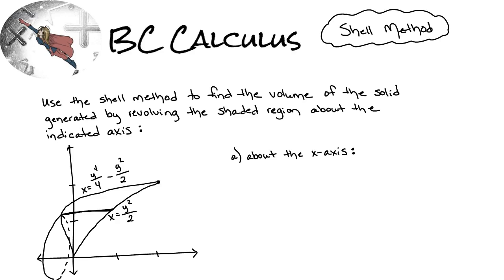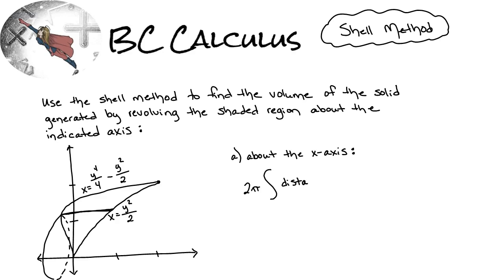Here's how you set up the integral, however, for the shell method. And I'm going to write it in words. You integrate 2 pi, which you could put in front. And then you integrate the distance.